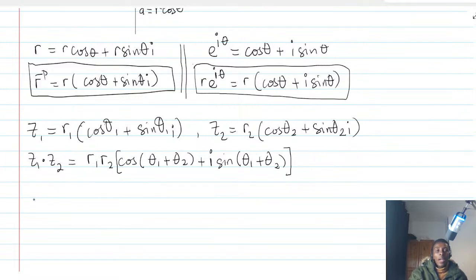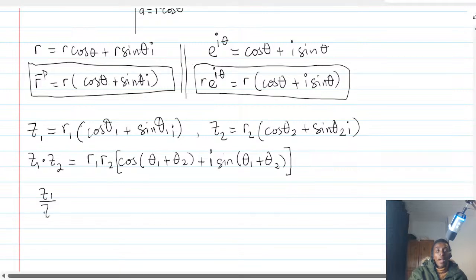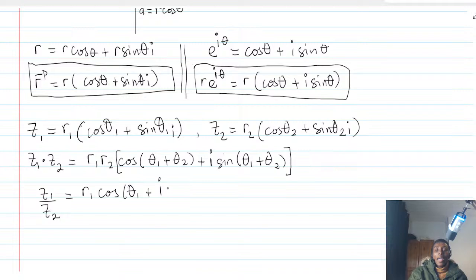If you want to divide Z1 by Z2, it will be R1 cosine theta 1 plus I sine theta 1, all divided by R2 cosine theta 2 plus I sine theta 2. All right.